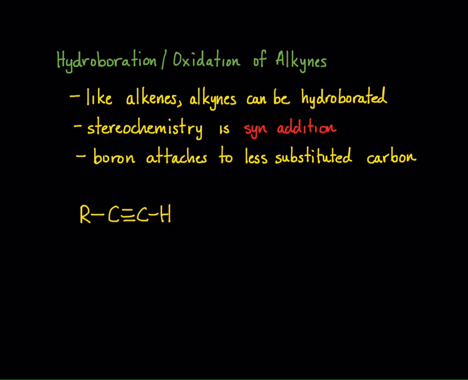So what I can do with that is I can take an alkyne, right? Generally speaking, I'm going to be using a terminal alkyne where you have a hydrogen as one of the groups coming off of the triple bond. And I'm going to react it with a sterically bulky dialkylborane.